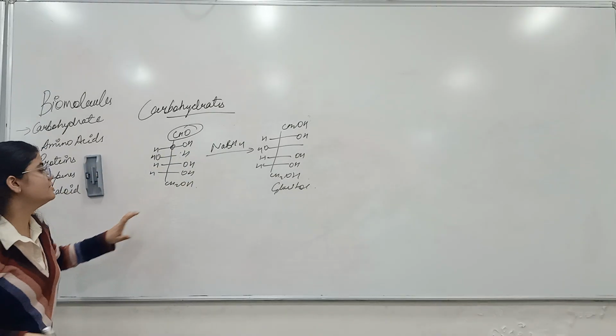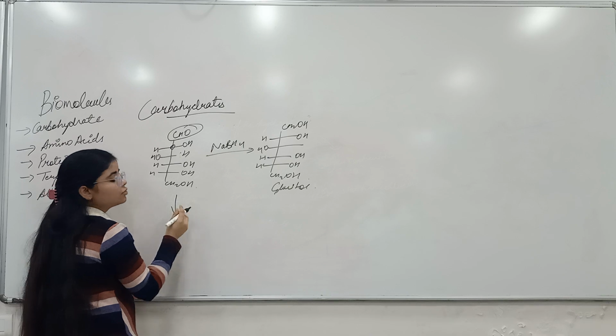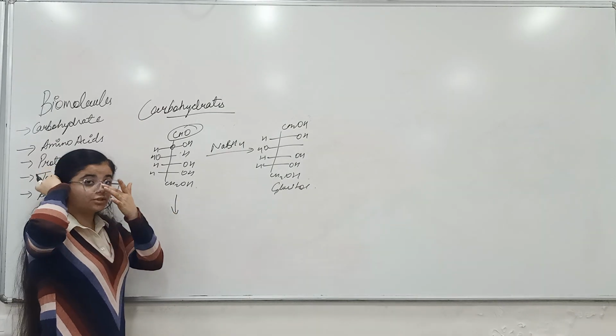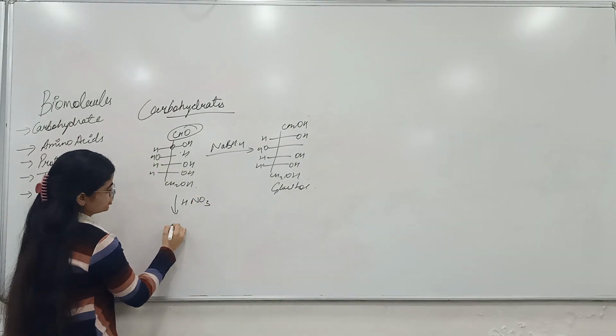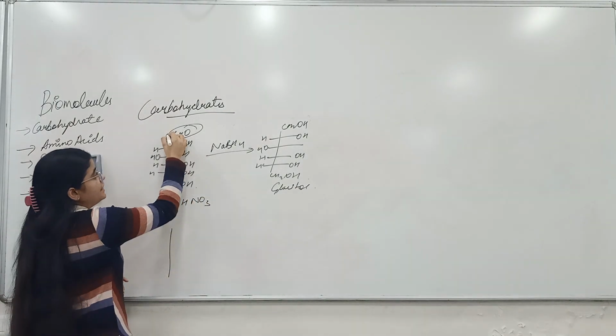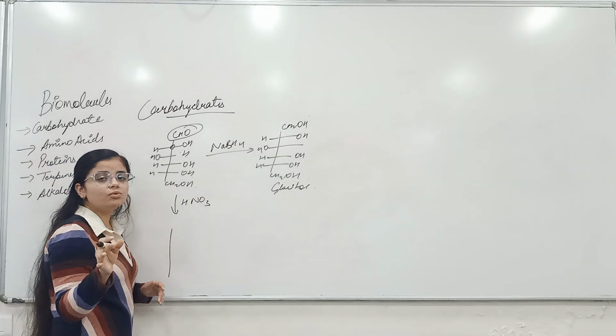Let us see the oxidation part here itself. So we are oxidizing glucose with HNO3 as an oxidizing agent. Upon oxidation, this aldehyde part gets converted to acid.